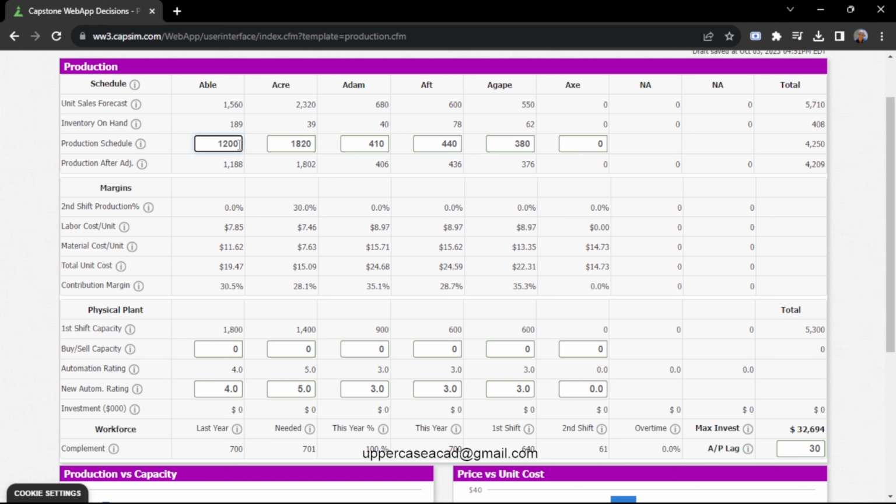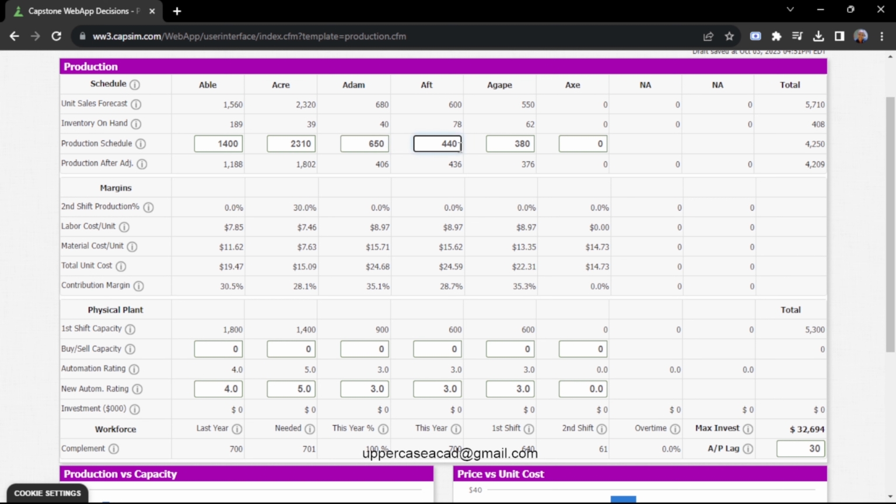I can decide to produce 1,400 in this one. Then for this one, 2,310. Then in the high-end market segment, I'll produce 650 because of this inventory. I'm factoring in the inventory and the production after adjustment.